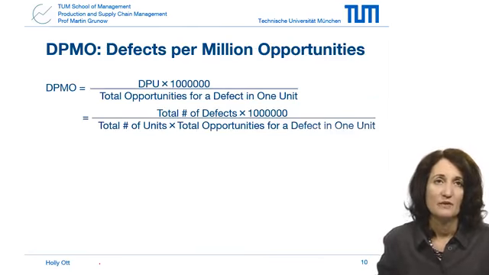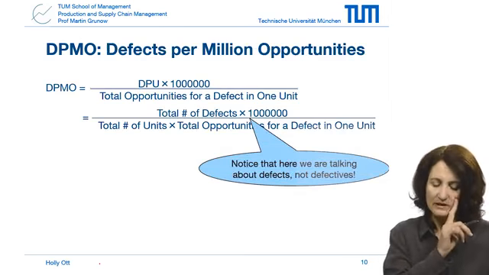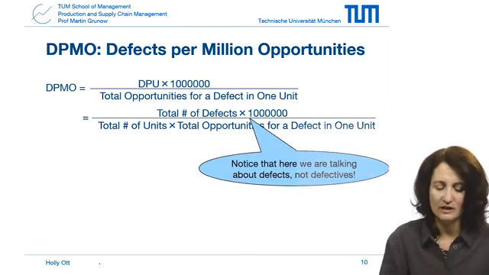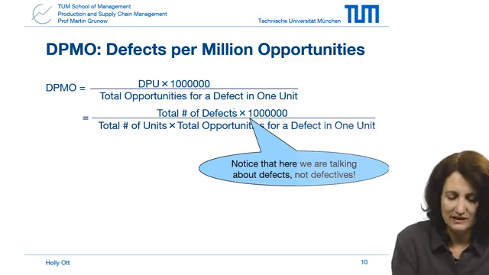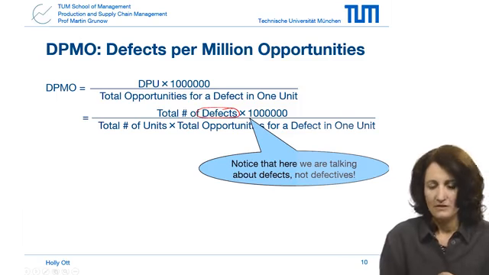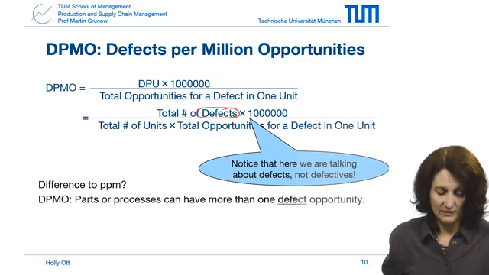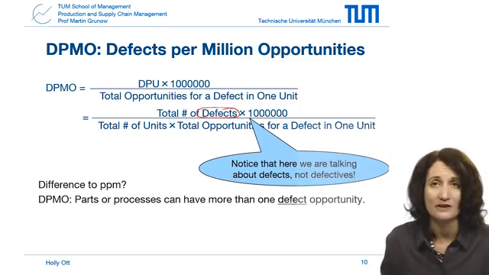So let's just make a couple more notes here. What is the difference to PPM? Here, we're talking about defects. We're not talking about defectives. In DPMO, we're saying the parts or processes can have more than one defect opportunity.